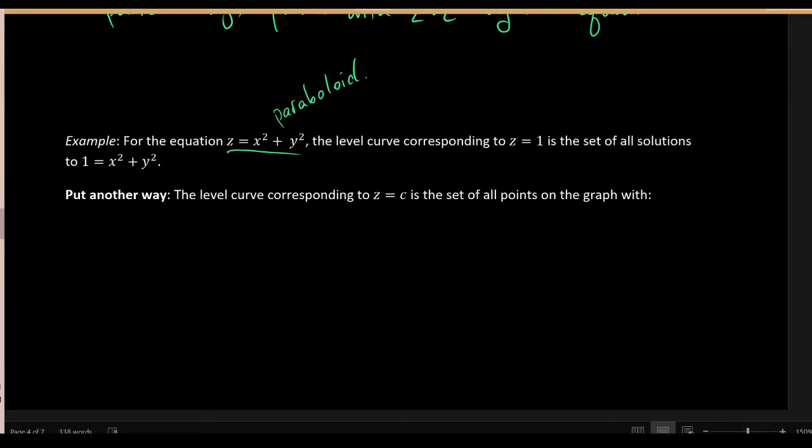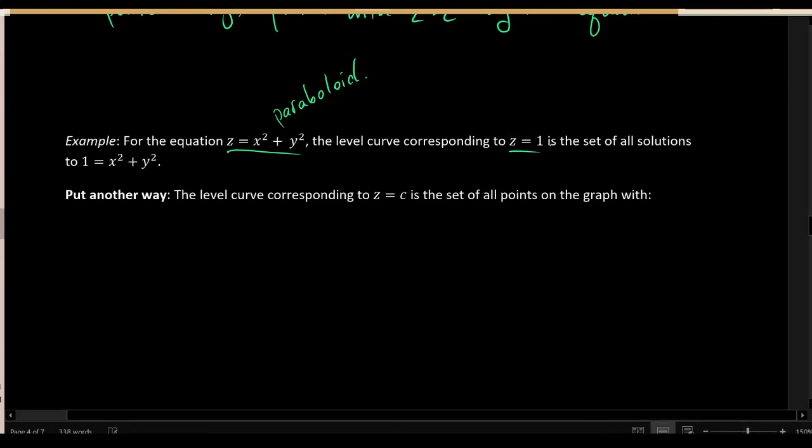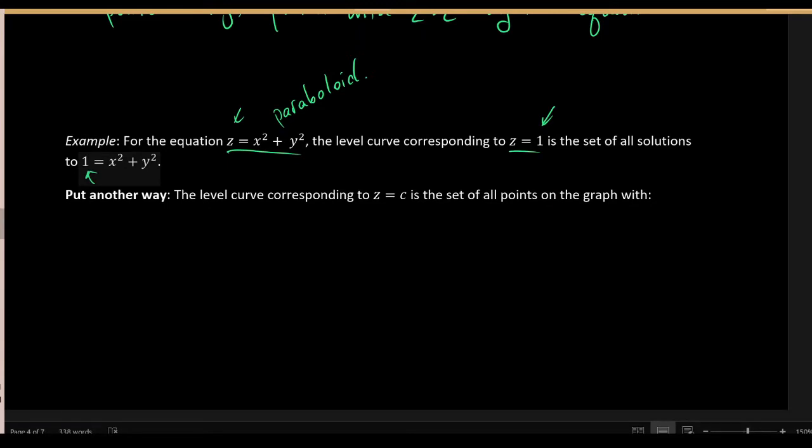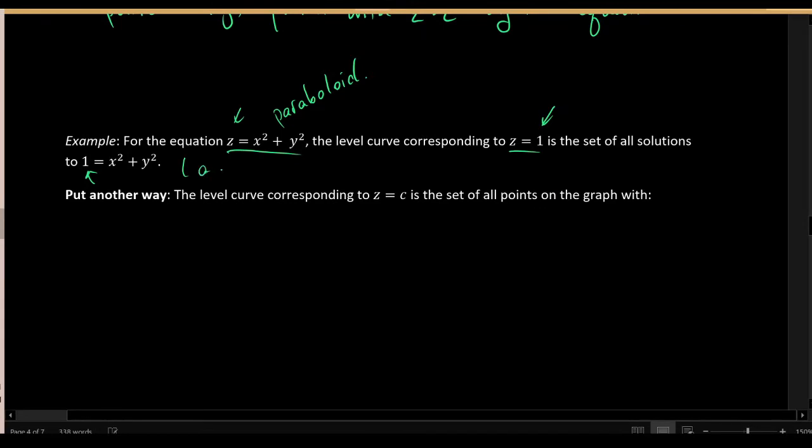If someone was interested in the level curve corresponding to z equals 1, they're asking for all the points x and y, which are paired with z equals 1 in the equation. So this can be found by going into the equation, replacing the z with this given number of 1, and describing all the values of x and y that make that equation true. In this case, the level curve corresponding to z equals 1 is a circle of radius 1.